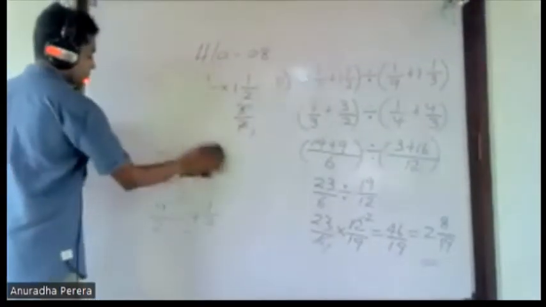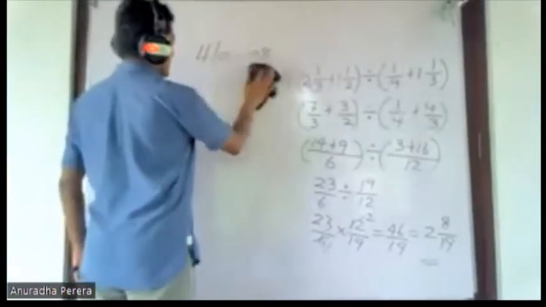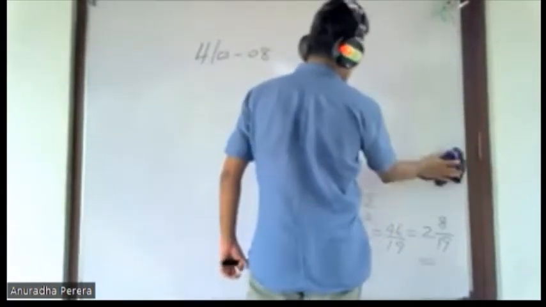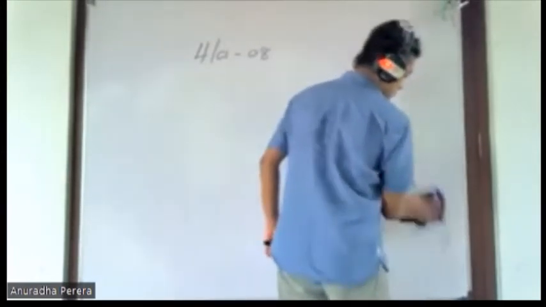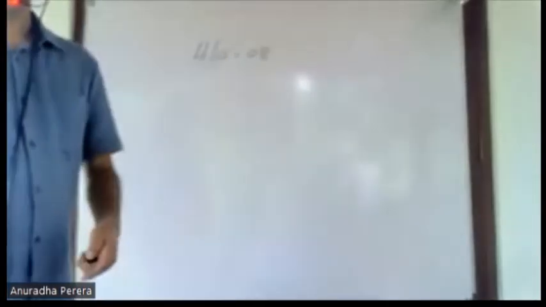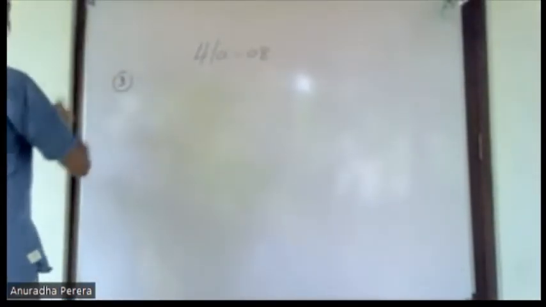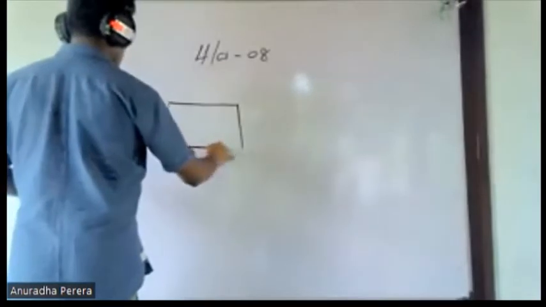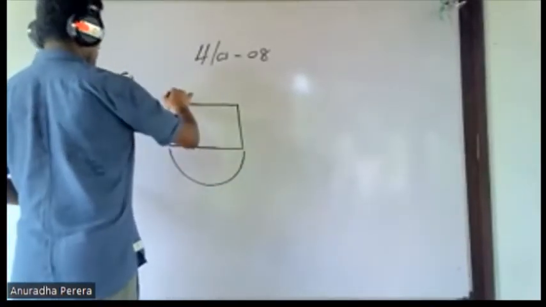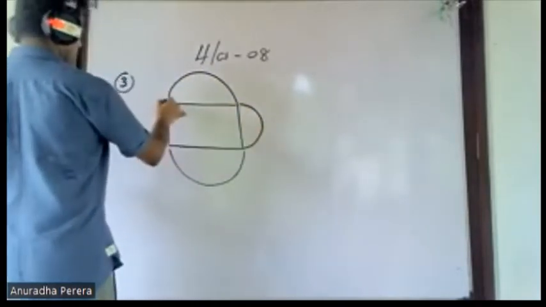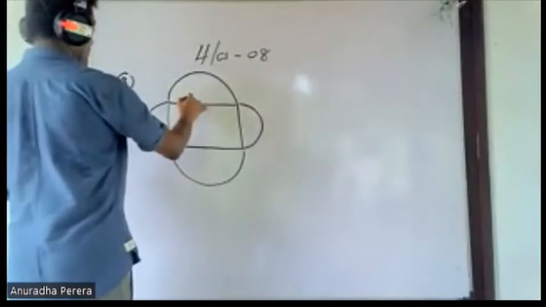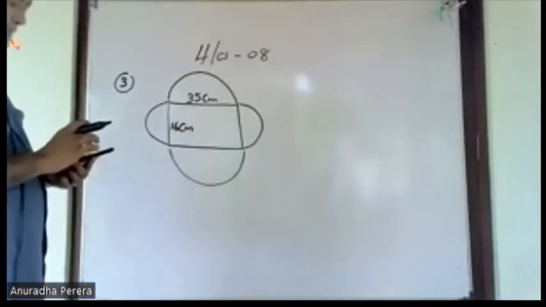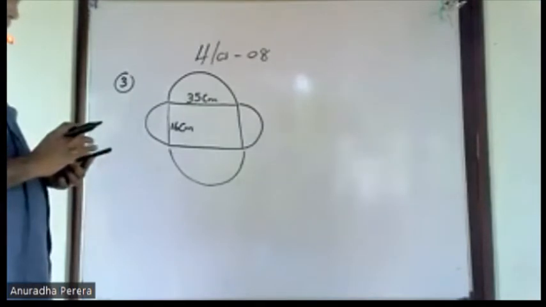Question number 3. The figure shows a flower bed with semicircular boundaries.